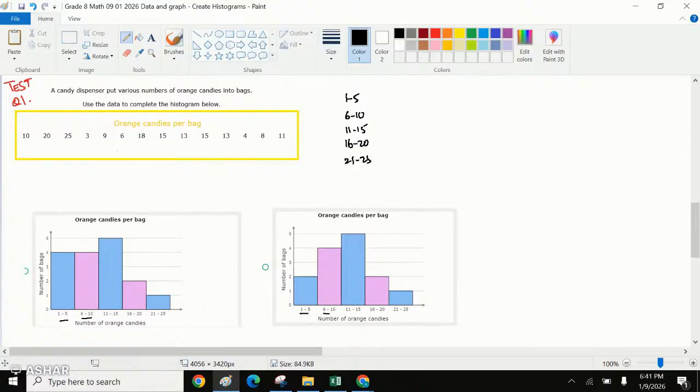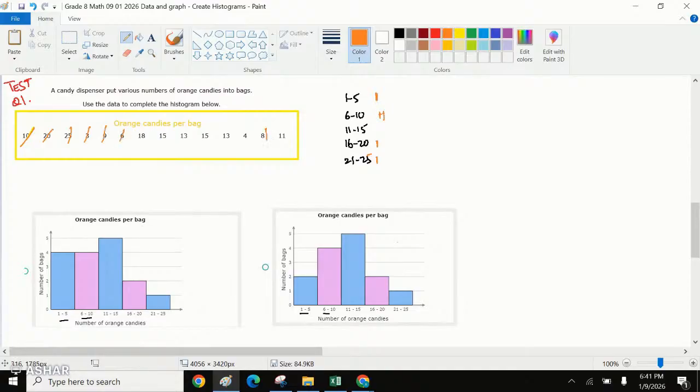Can we do the tally markings? 10 had 1 marking, 20 had 1 marking, 25 had 1 marking, 3 had 1 marking. If we can simply find the markings, that means we can find the frequency.